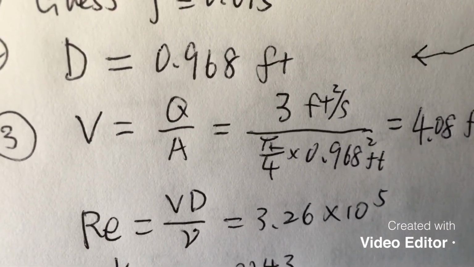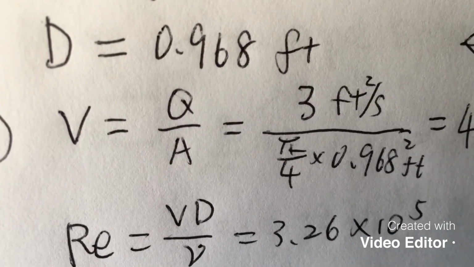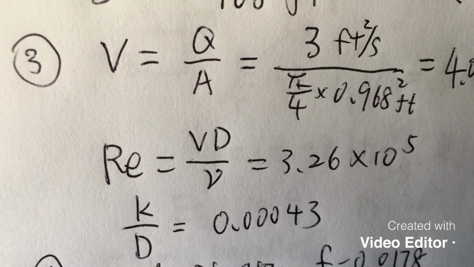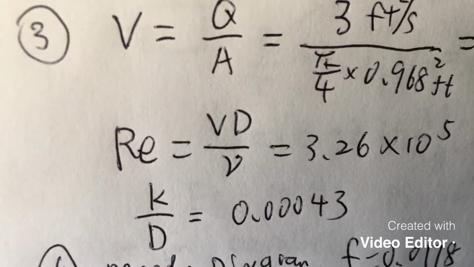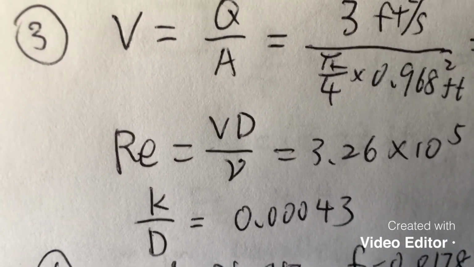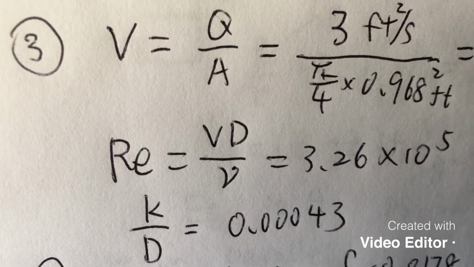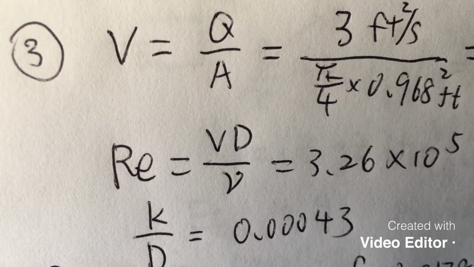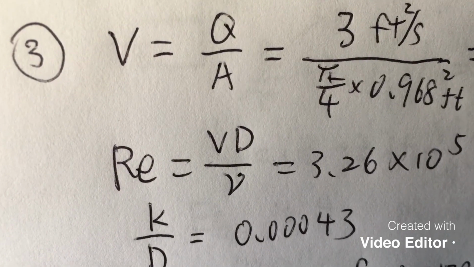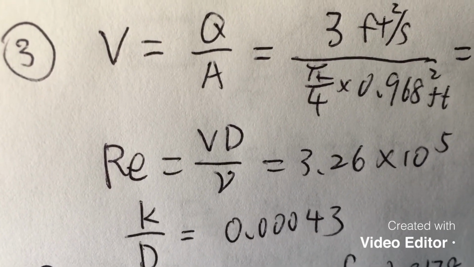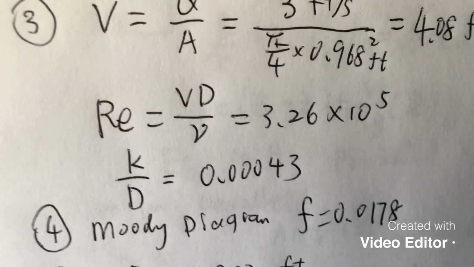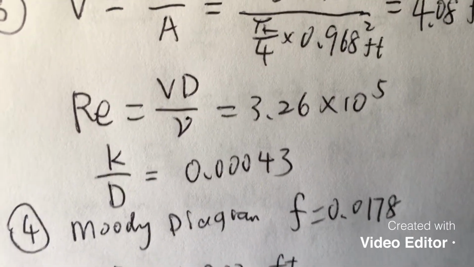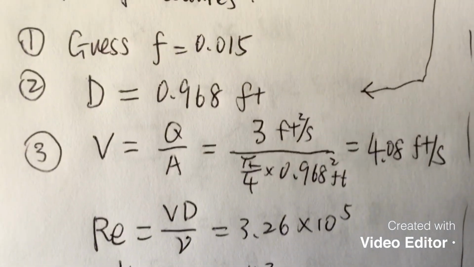With that, you can calculate the Reynolds number, which needs a D. The right axis, relative roughness, needs a D too. During the iteration, K over D also changes every time because D changes. The relative roughness K over D will be 0.00043. From the Moody diagram, F equals 0.0178. That's a better F than the initial guess.